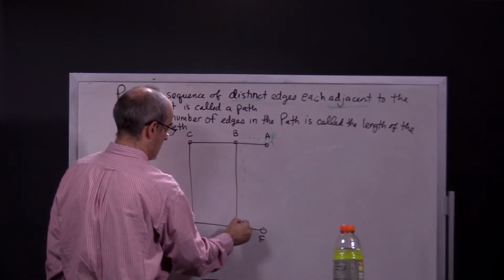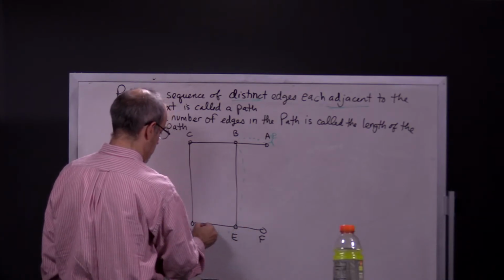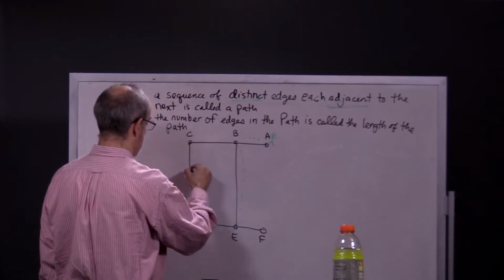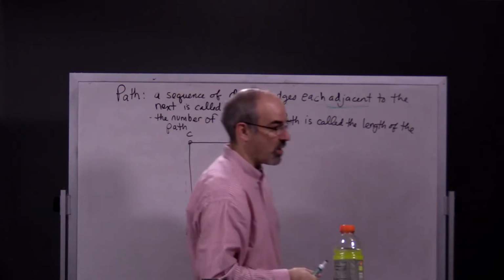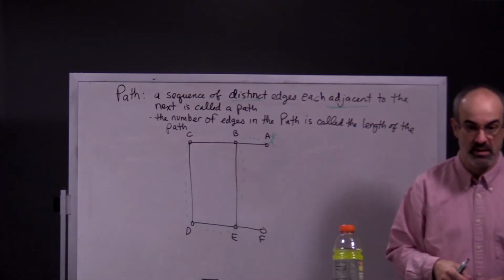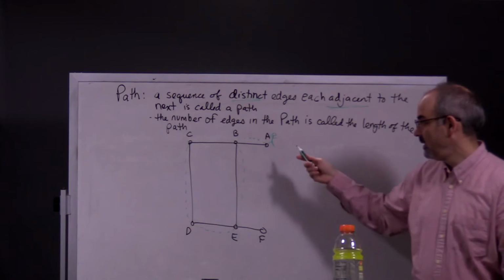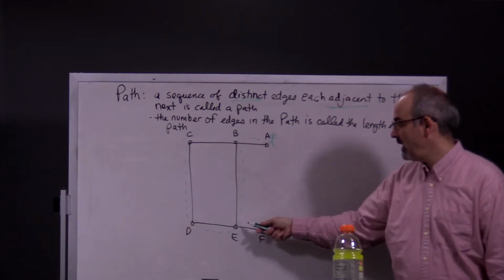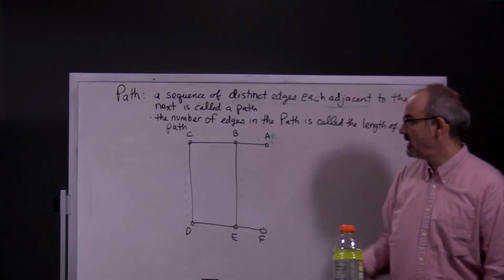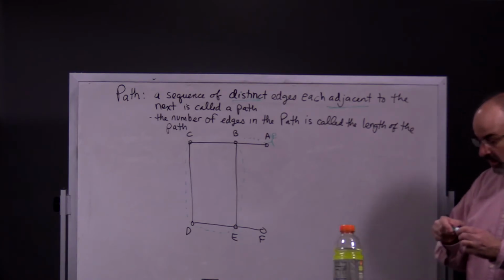B to E, that's 2. E to D, then D to C. So there's a path in this graph that has length 4. A to B, B to E, E to D, and D to C. Okay?